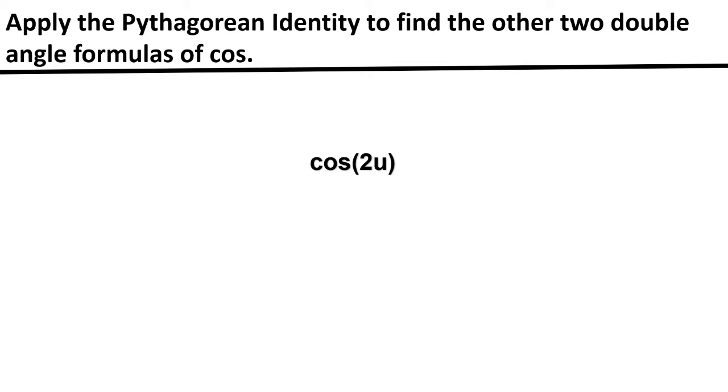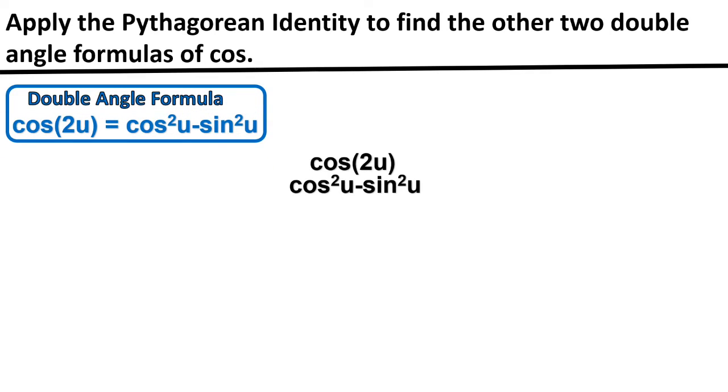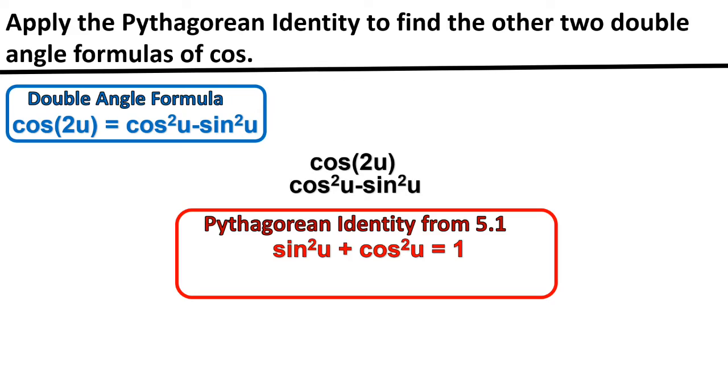We just found that cosine of 2u is equal to cosine squared of u minus sine squared of u. This was our first double angle formula for cosine. We can apply the Pythagorean identity we learned in 5.1 to find the other two.